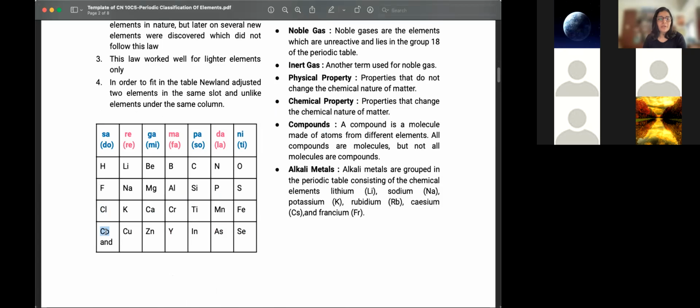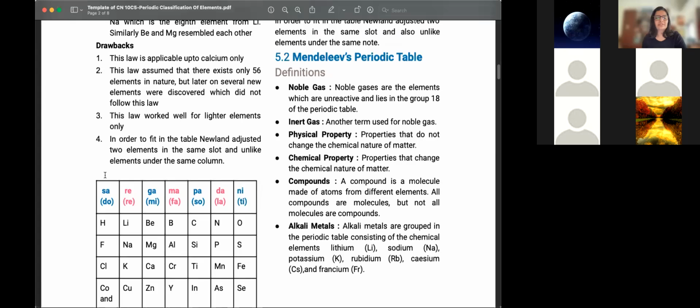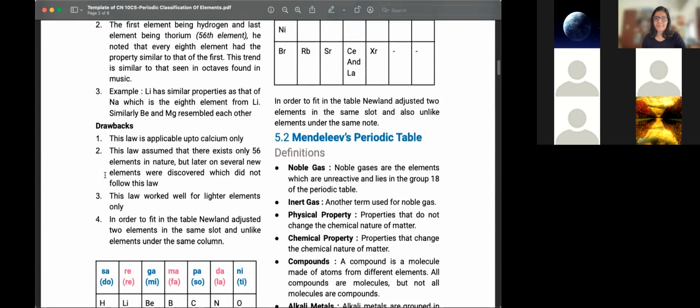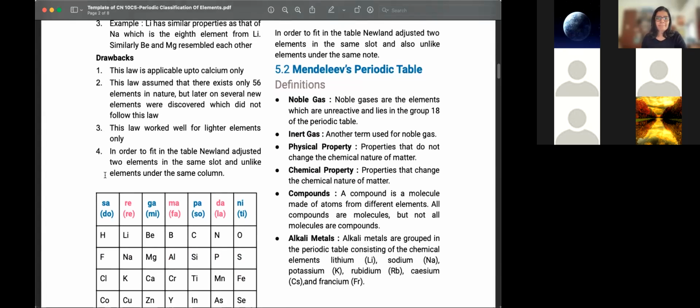But suddenly cobalt aa gaya, which is a metal. Again, completely different properties there. So as the mass kept increasing, it just didn't work out well, which is why it worked to some extent, but eventually that's also not the ultimate way of classification. There was no pattern there.